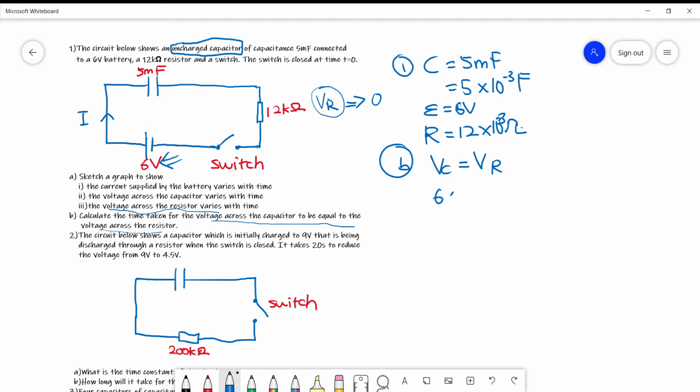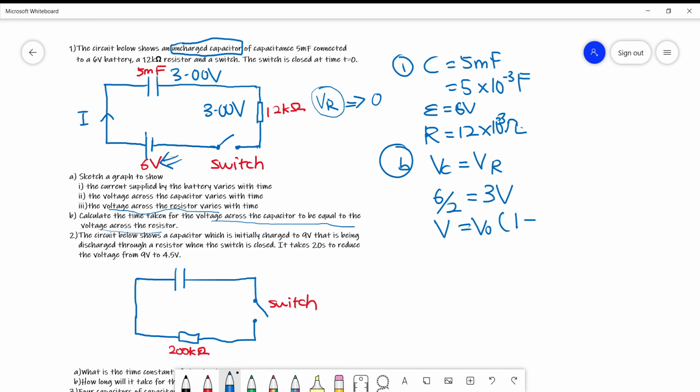So 6 over 2 is 3. When both of them are equal, I have 3 volts for the capacitor and 3 volts for the resistor. So hence my V is equal to V naught.